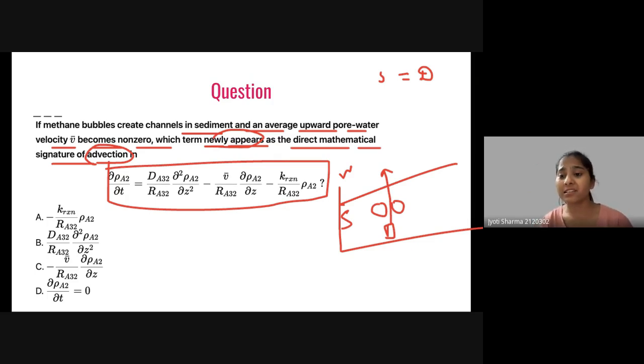Because you know that diffusion is slower, so if there is any movement, and that movement is due to the bubble and that bubble is creating the channel, it means it is having some velocity, then this advection term will become more important for us. And this is the signature of advection because it has the velocity term.